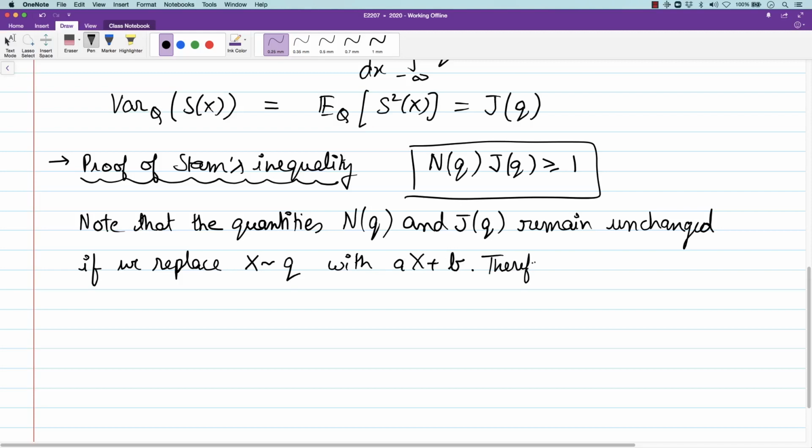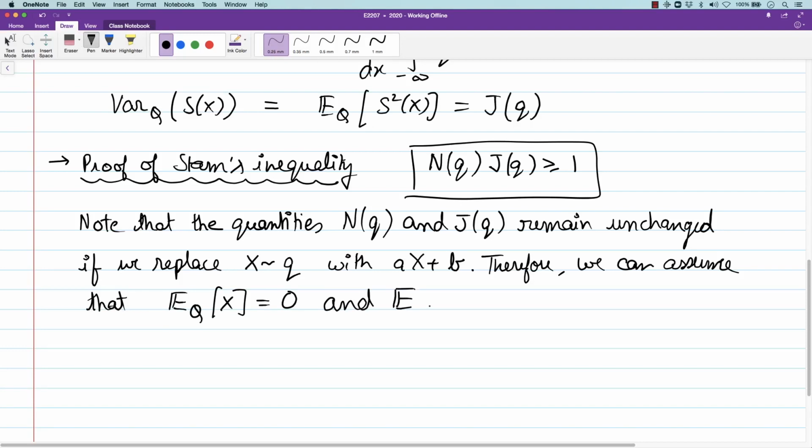Therefore, we can assume that the expected value under Q of X is 0, and that its variance, or its second moment, is 1.